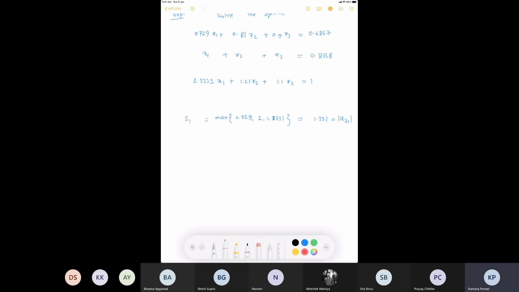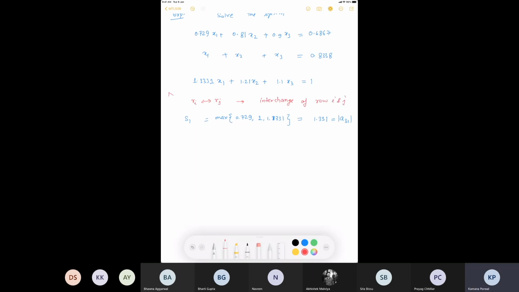And just for notational purposes, if I want to interchange the ith equation with the jth equation, I'll use this sign for the interchange of rows i and j.